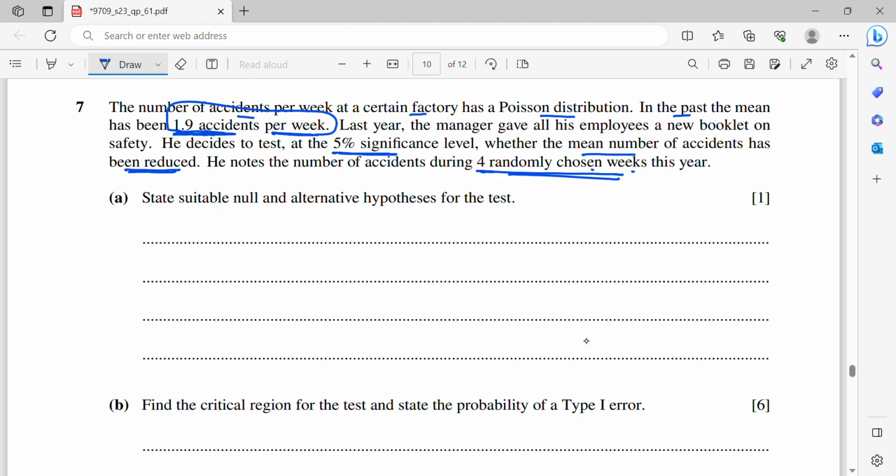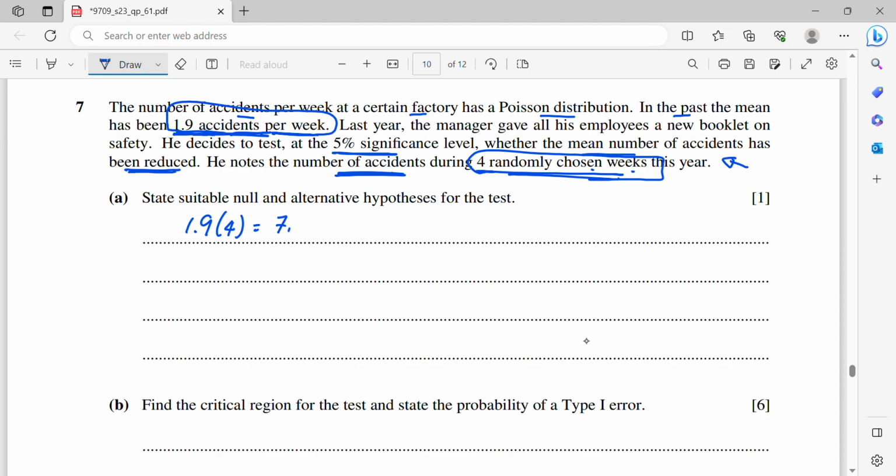So A, state suitable null and alternative hypotheses for the test. Since the number of accidents is observed during 4 weeks, any 4 weeks, now I have to find what is my new mean accidents for these 4 weeks. So per week is 1.9. So now it will be 1.9 times 4.